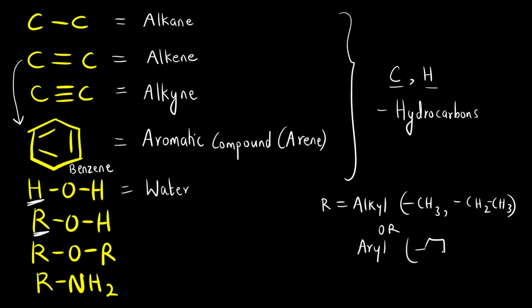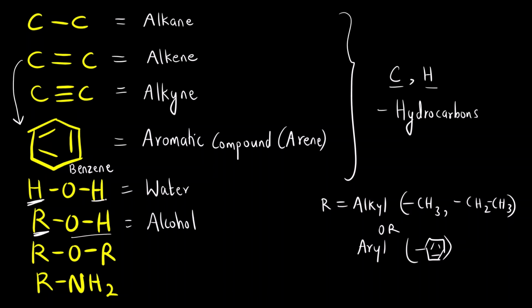Aryl means it can be a benzene ring or derivatives of benzene. So if I replace one hydrogen with an R group, then it is ROH. This ROH is called alcohol.